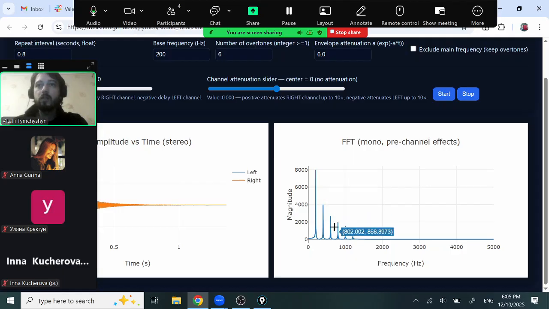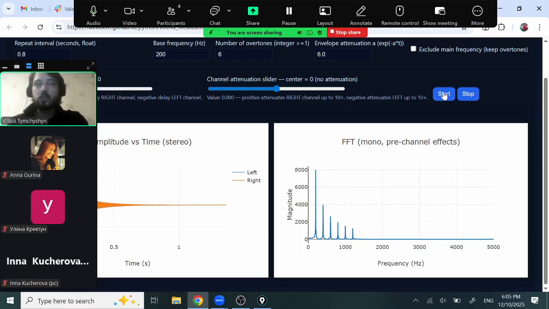And here you see these sort of peaks, like overtones and the main frequency, and I can exclude the main frequency or turn it back on, and our brain is able to deduce the main frequency even in its absence.